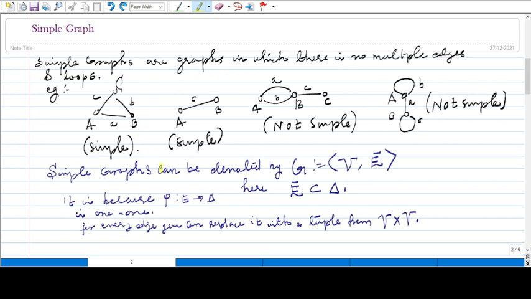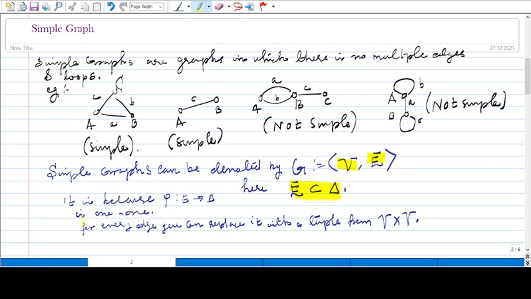So a simple graph can be denoted by V and E bar, where E bar is a subset of delta. Delta we have seen contains the singleton sets and two element subsets. But here we will not get singleton subsets because we are avoiding loops. So we get two element subsets.